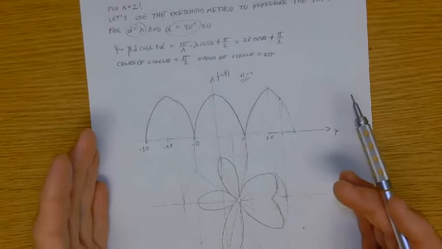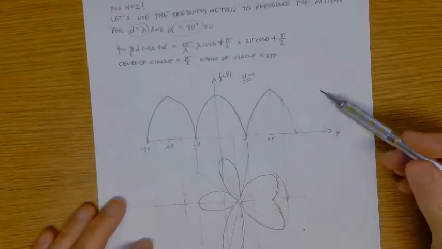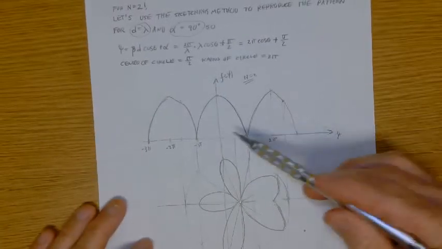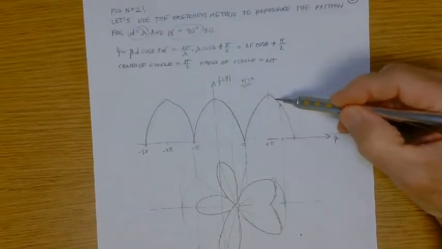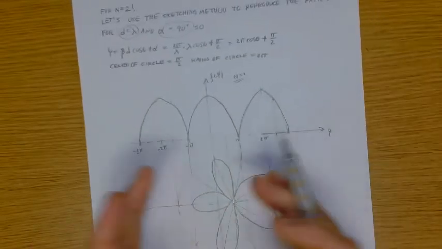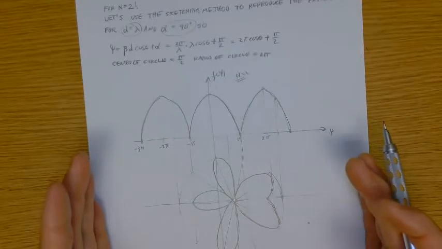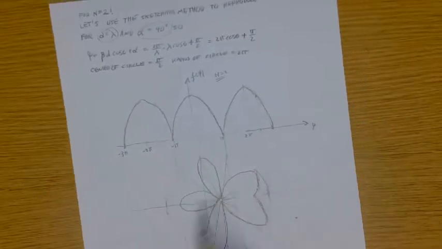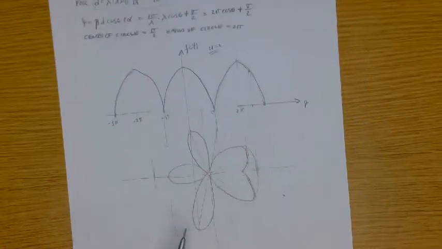This thing is periodic, so I may need to add in more cycles if my radius gets larger. But it's large enough for this purpose.